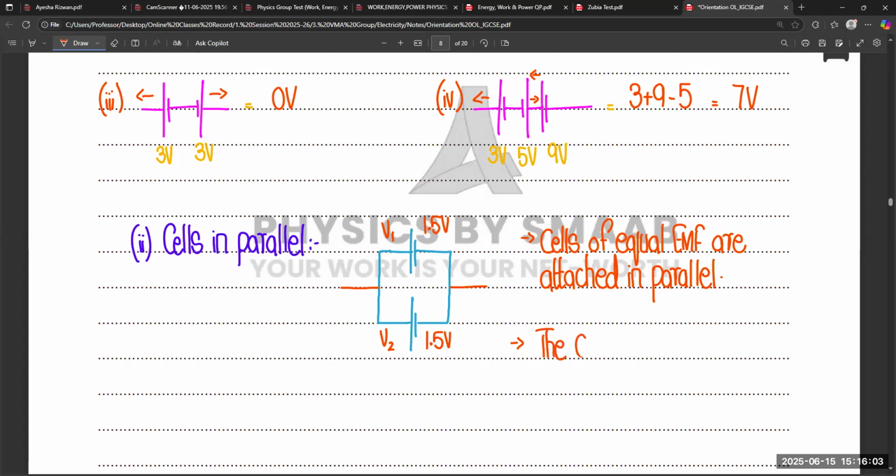The combined voltage is equal to the EMF of each cell.